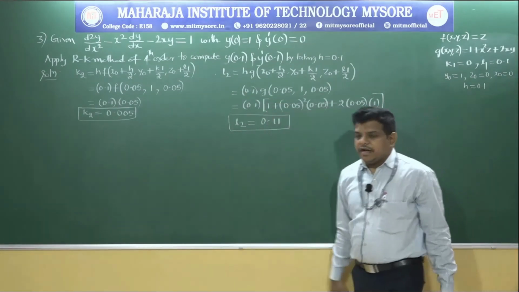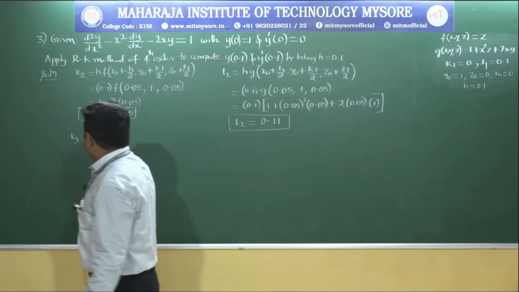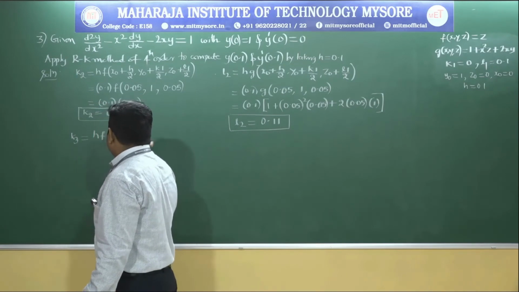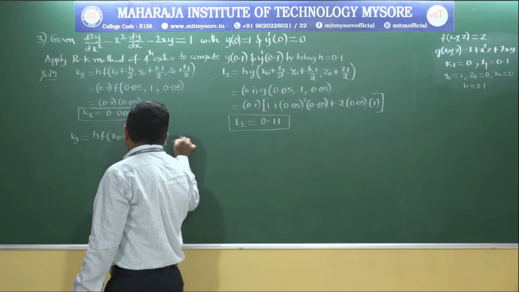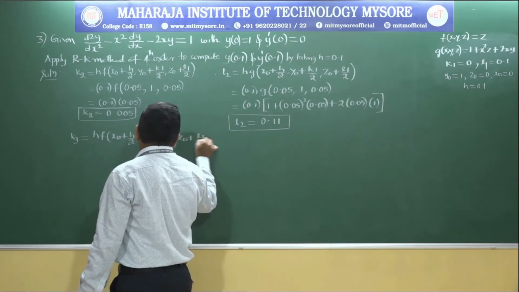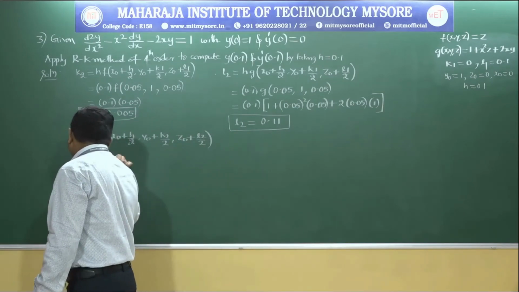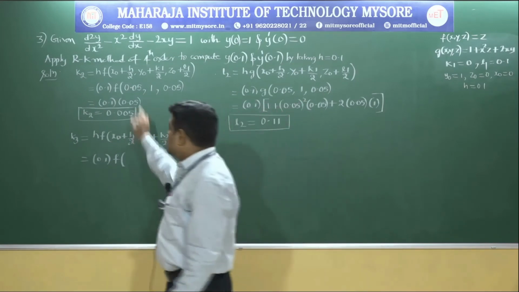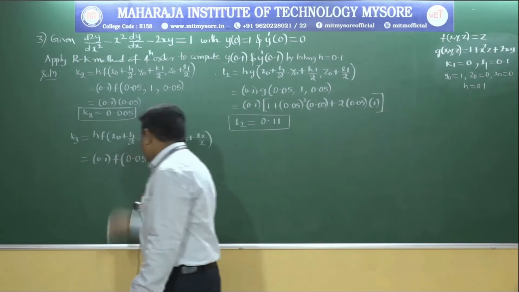Next, after finding L2, we shall find K3. K3 is given by h into f of x naught plus h by 2, y naught plus k2 divided by 2, z naught plus L2 divided by 2, that is equal to h value is 0.1. Next, f of x naught plus h by 2, x naught is 0, h is 0.1, you get 0.05.